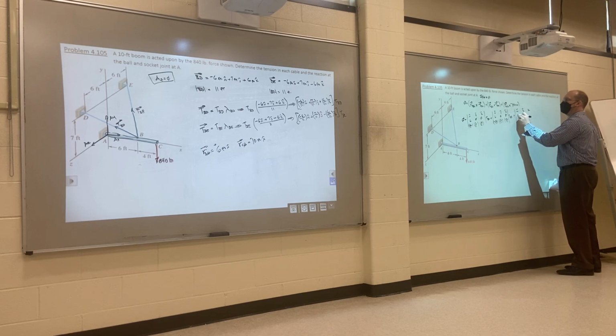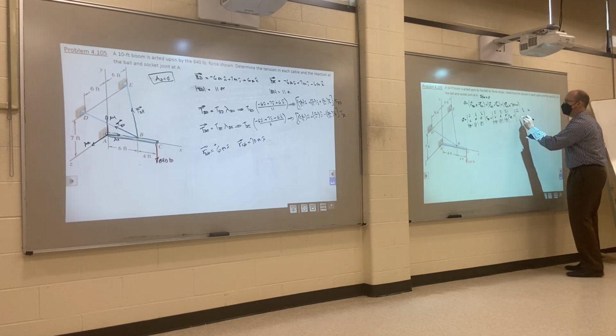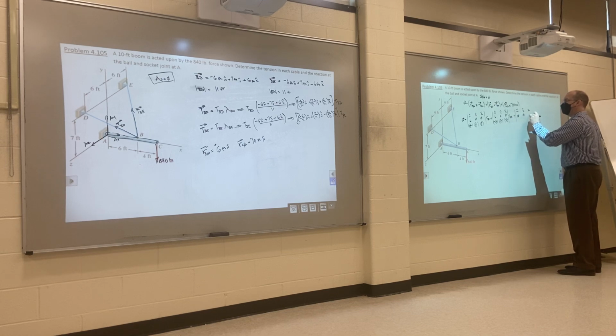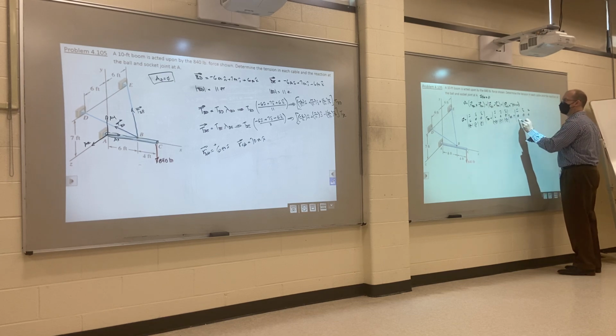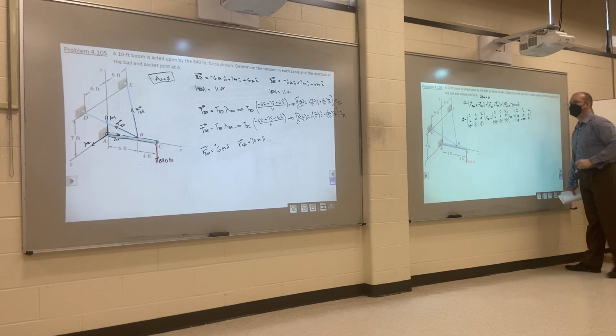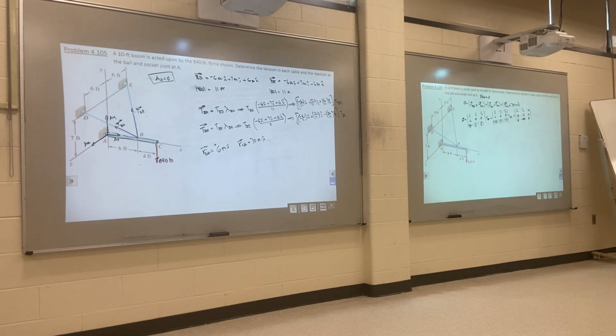RC with respect to A is equal to 10 feet, right? So it's 10, 0, 0, and this is negative 840 in a j hat. So this is 0, negative 840, and 0. So far, so good?